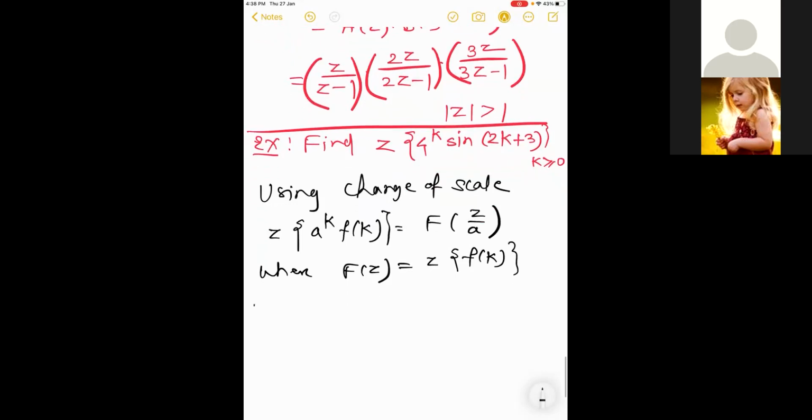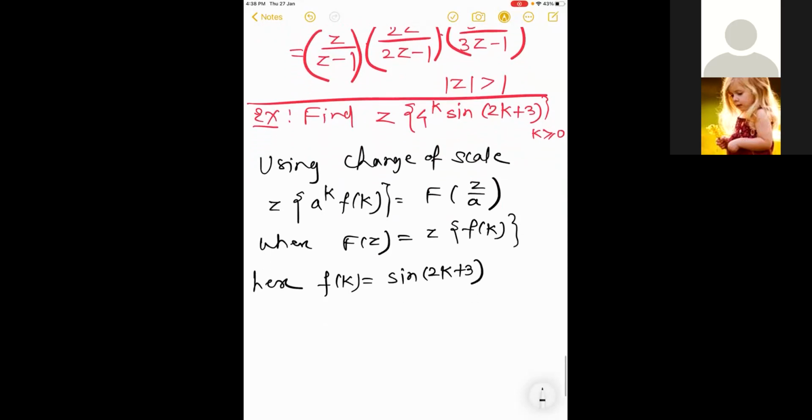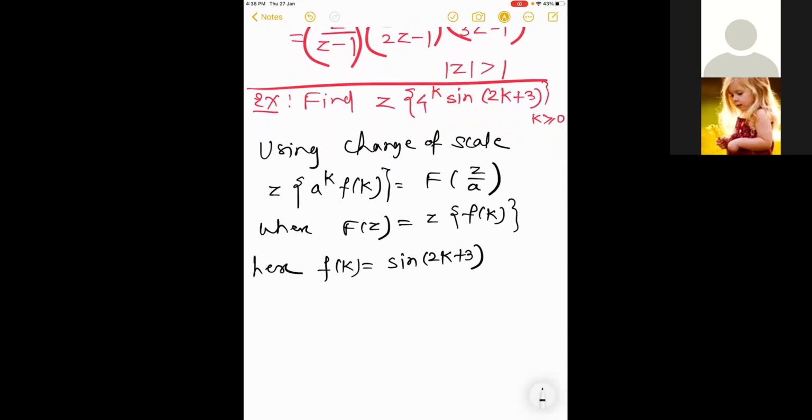Okay, so here f of k is sine of 2k plus 3. So whose transform is to be identified? Sine of 2k plus 3.